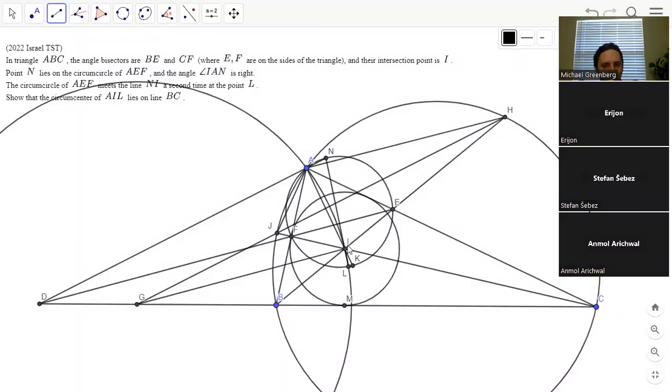Maybe projective geometry. We project something because we have parallel lines. I think we could use it. Anmol sent me a solution. I came up with a solution, and then I think I3435 had his own solution that just used projective geometry.